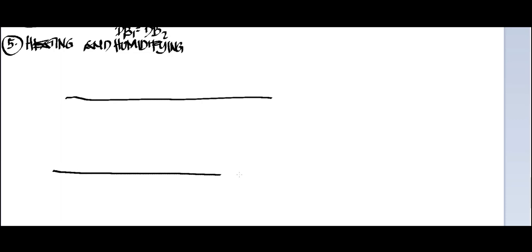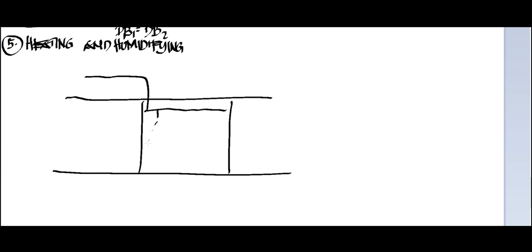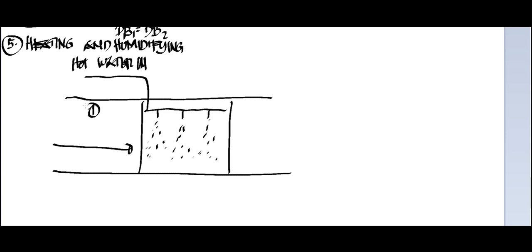So if we have your duct here, the application will be spraying a mist of hot water. So you have here your point 1, air entering.